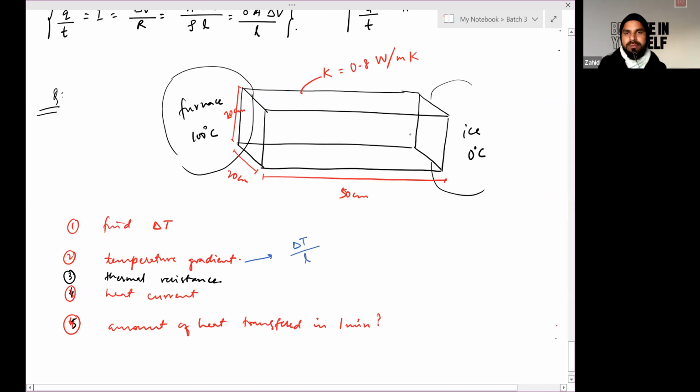So you have calculated temperature difference and the total length from one end to the other end is 50 centimeter. So convert it in terms of meter. So it will be 50 divided by 100, or 1 by 2.